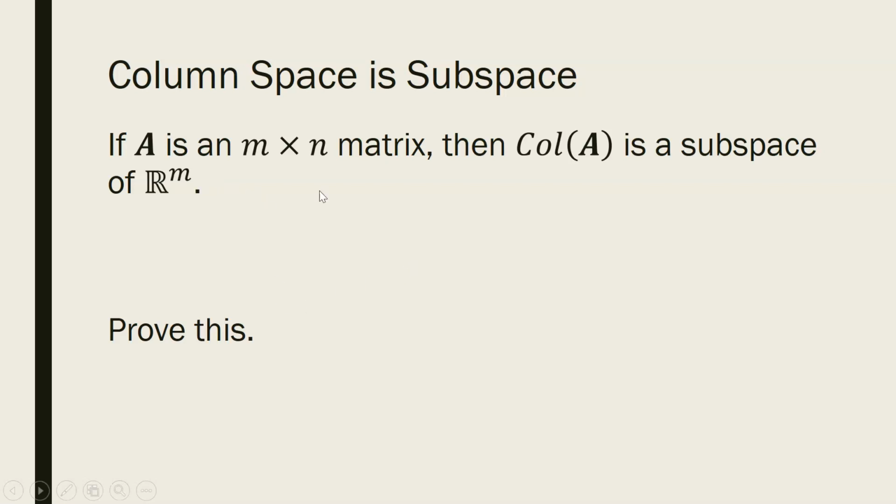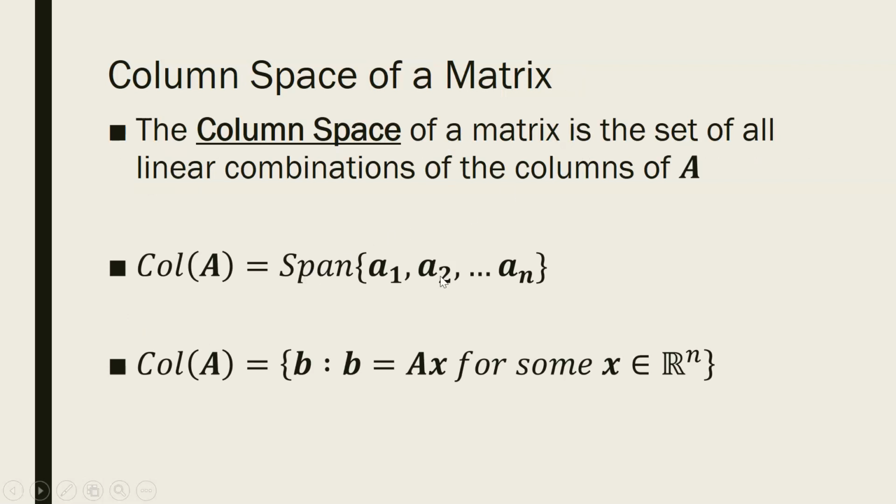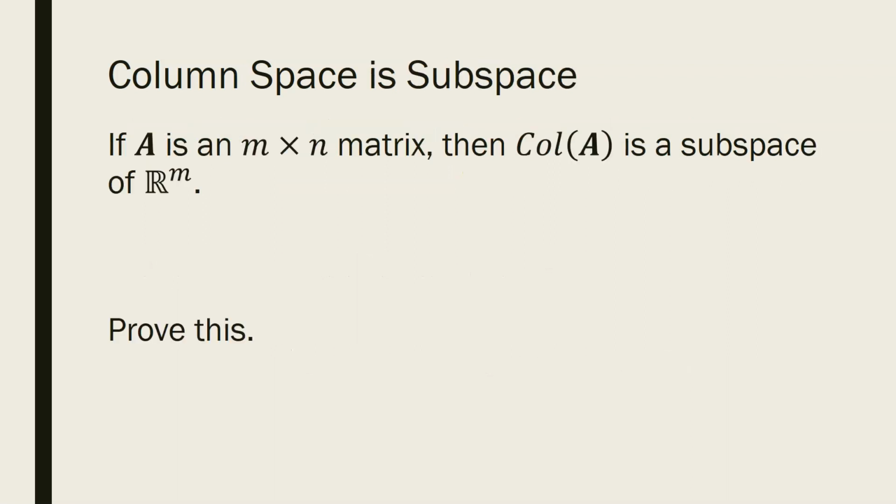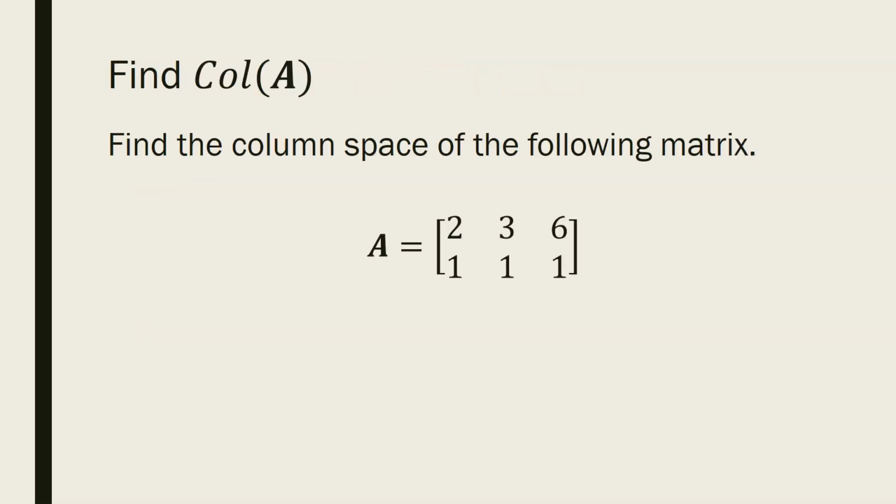All I have to do is say the column space is a span of vectors, and any span of vectors is a subspace of the Rn that I'm working in. And that's enough to show that the column space is a subspace of Rm.